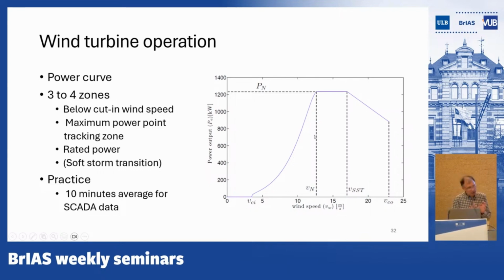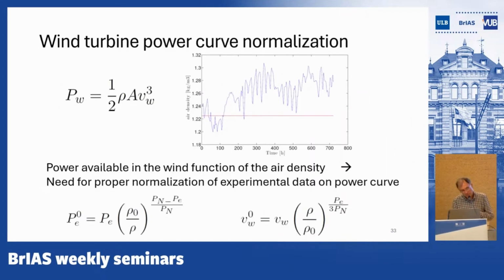So here we will choose to monitor our wind turbines using this power curve, as we expect a given average wind speed to produce a given average power. Now, what should we take care of?